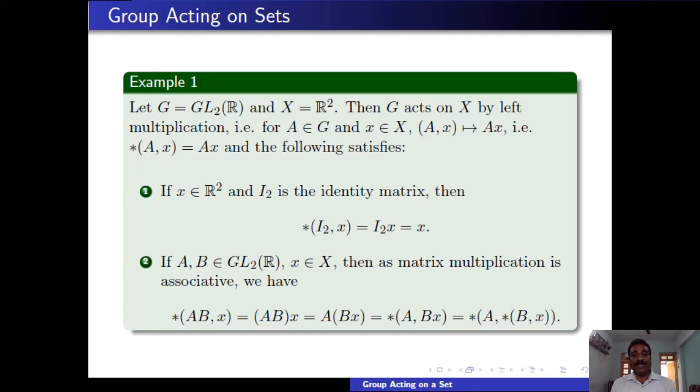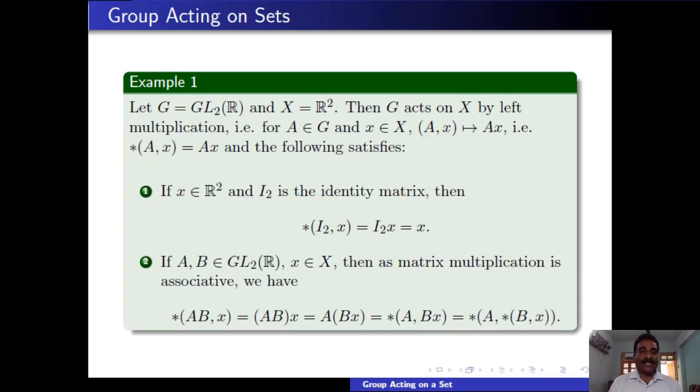Since Bx is star of (B, x), I can write star of (AB, x) is equal to star of (A, star of (B, x)). So it satisfies the second property also. That means G acts on X. And here the star is defined by left multiplication with the element of G.